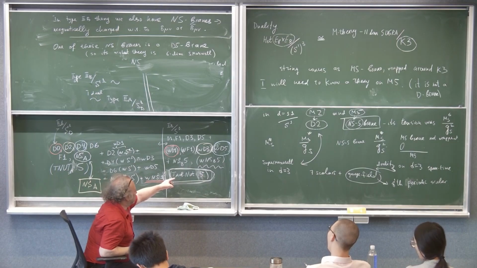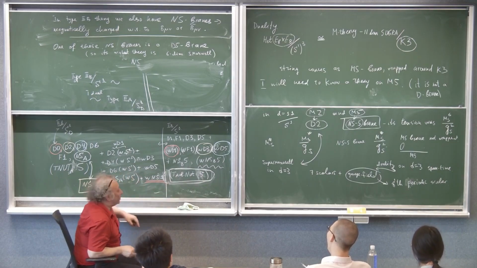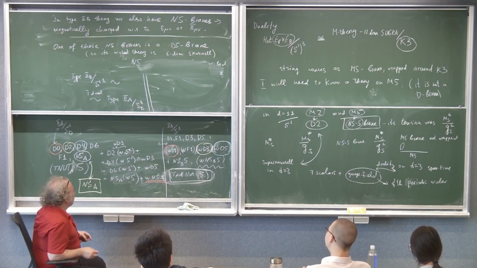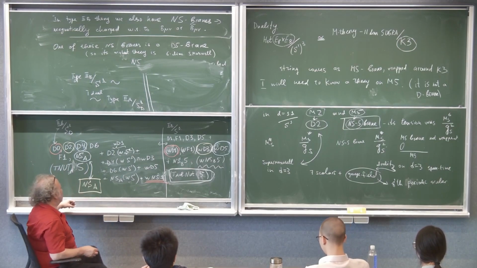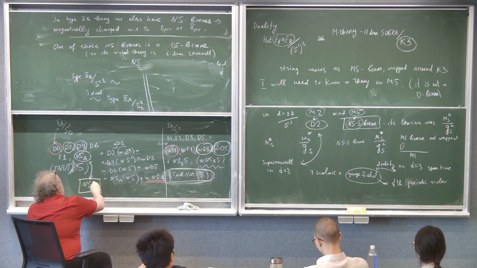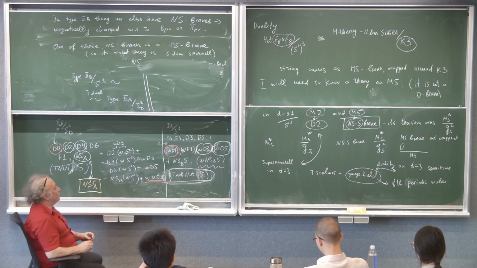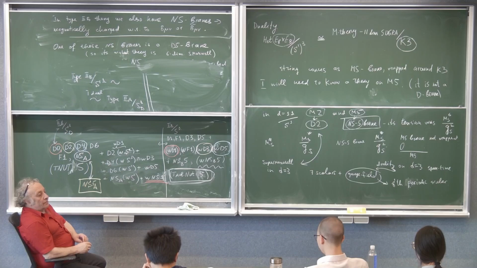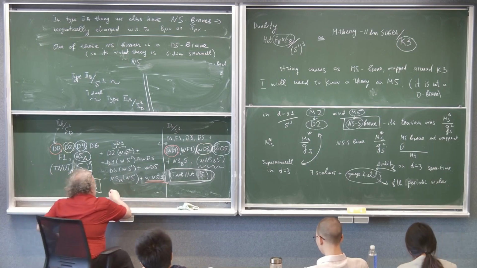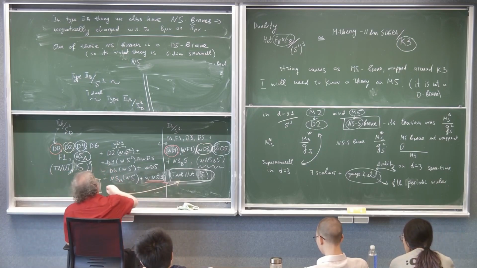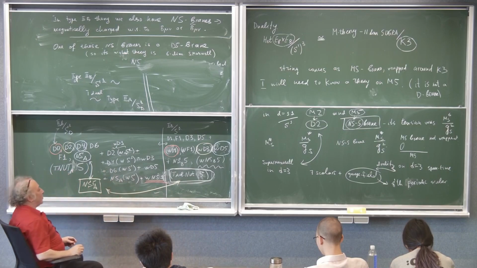Taub-NUT 5-brane under T-duality goes to NS5 brane. Now you say, wow, well, you see from all these dualities we can see this.